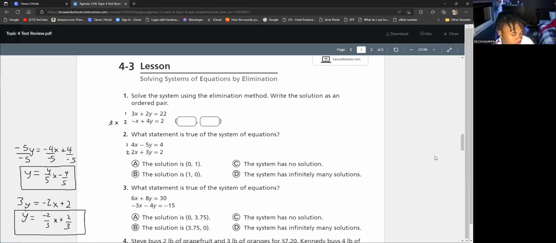It has infinitely many solutions. How do we know that though? Because it has many, so it's more than one solution. But looking at this and looking at this, how do we know that? We don't know that just yet.